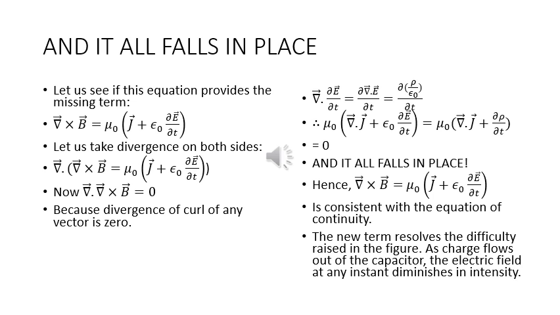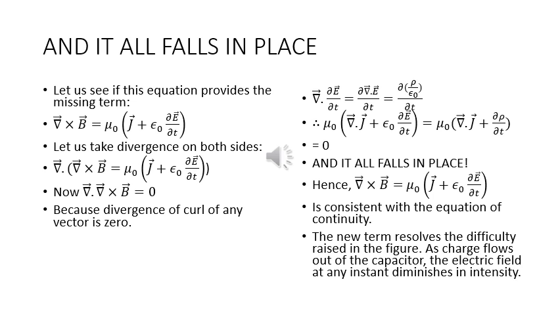Let us take divergence on both sides. Divergence of curl of B is equal to mu 0 divergence of j plus epsilon 0 delta E by delta T. Now divergence of curl of B is equal to 0, because divergence of curl of any vector is 0. Divergence of delta E by delta T is equal to delta by delta T of divergence of E, which is equal to delta by delta T of rho upon epsilon 0 according to Gauss law of electrostatics.